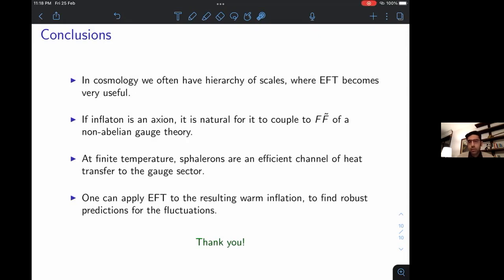If the inflaton is an axion, then it is natural to consider the case in which it is coupled to some gauge field theory, and this coupling can lead to warm inflation via a mechanism which is called the sphaleron. This warm inflation scenario can be studied rather efficiently by effective field theory, and it leads to interesting predictions for observables and non-Gaussianity. Thank you.